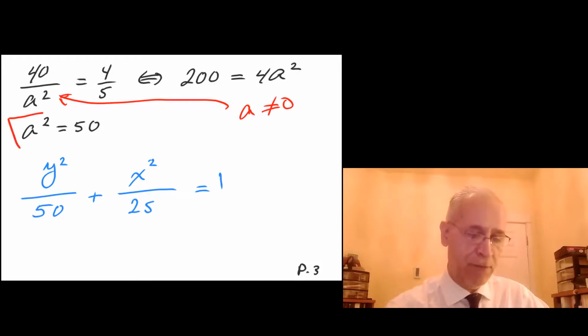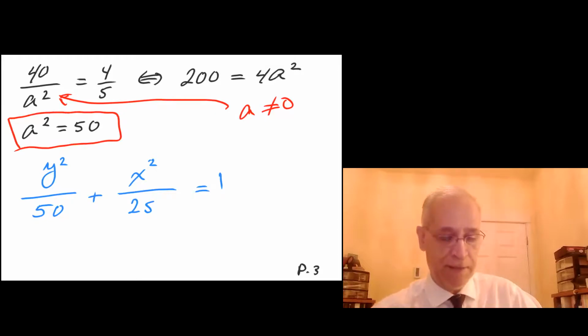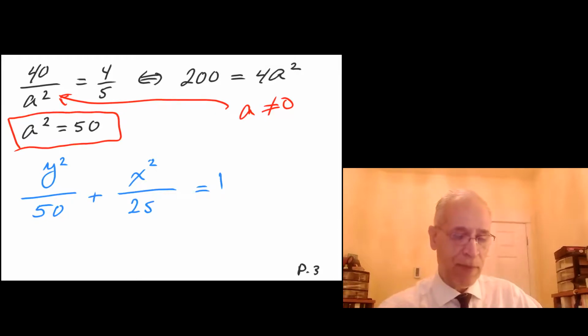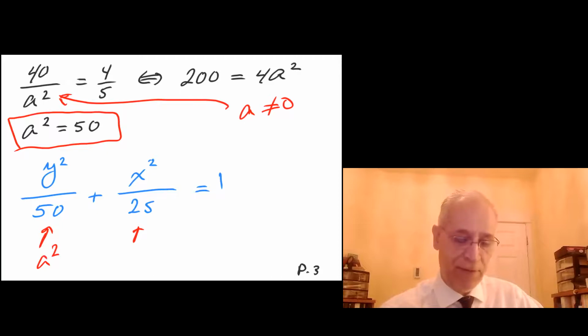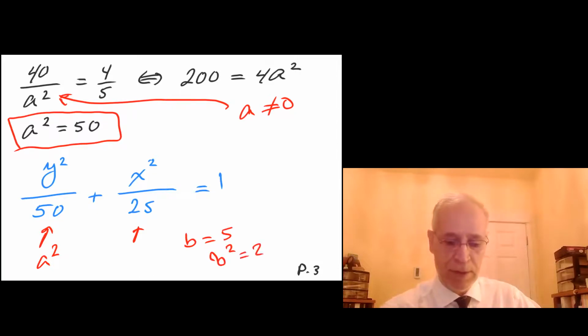That's the information we needed. So y squared over 50 plus x squared over b squared, which is 25, equals 1 is our final answer. Remember, on the very first page we found that b equals 5, so b squared must equal 25.